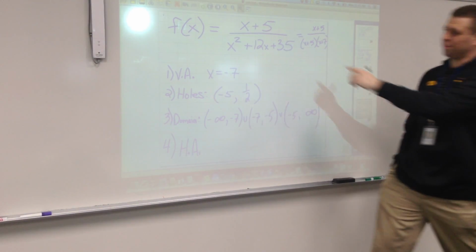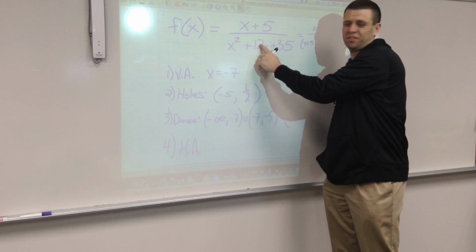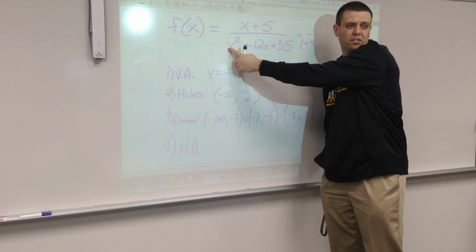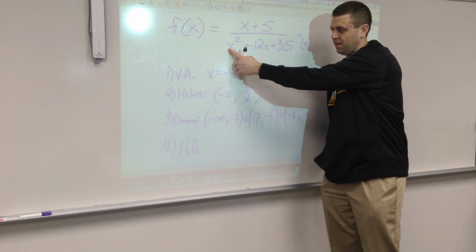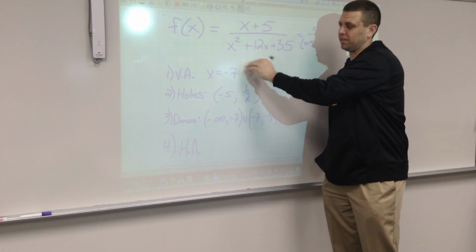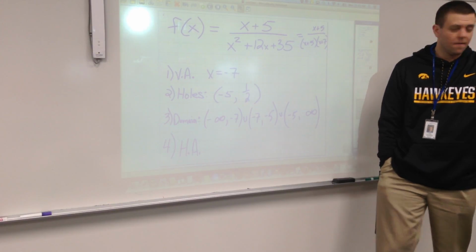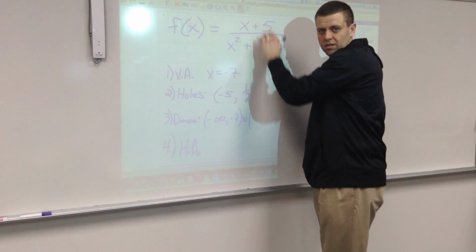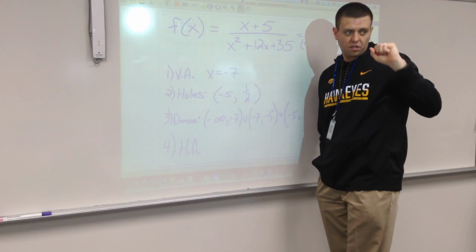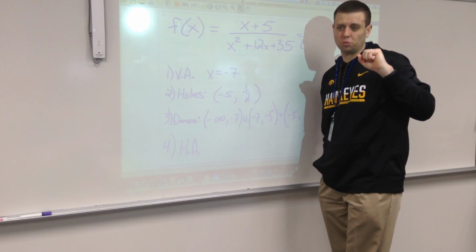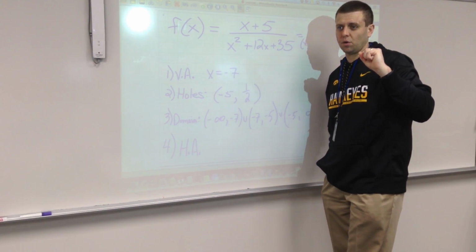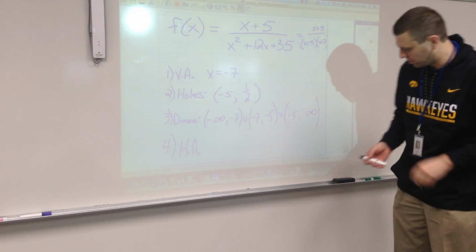You can add the 12 million if you want to, but 12 million is like pocket change compared to a million squared. This really has no impact. The bottom is going to increase much, much faster. Everybody agrees? So this ratio is going to approach 0. This graph is going to approach 0 as x gets really, really big. So there's going to be a horizontal asymptote at y equals 0.